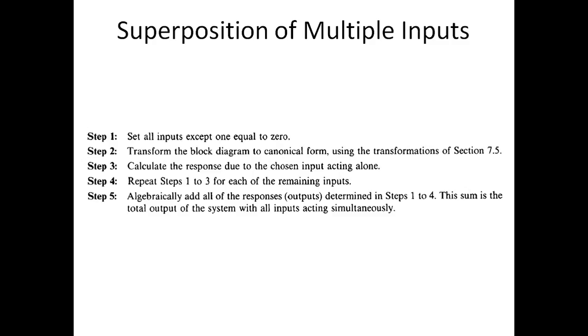Repeat these steps for each and every input. If there are 3 inputs, then we get 3 different responses due to individual inputs. And at the end, step 5, algebraically add all these responses, and we get the total output of the system with all inputs acting simultaneously. This is our aim.